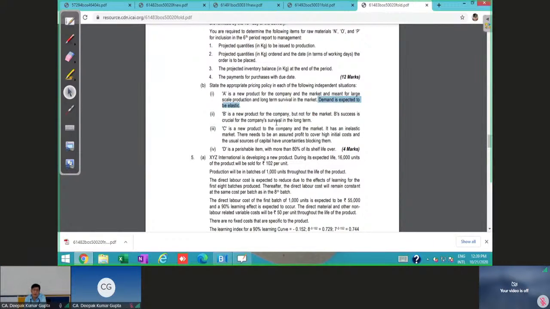Since demand is expected to be elastic, it means our consumer is very sensitive to product pricing. We can gain higher and higher market share by using this pricing policy.